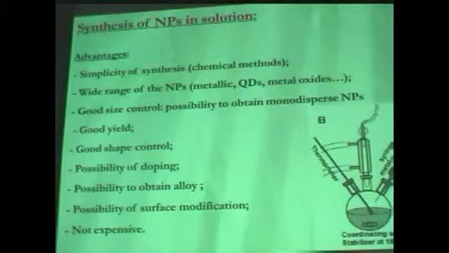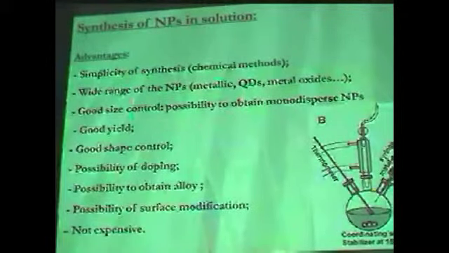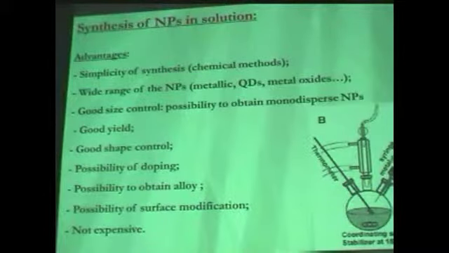By this method, we can provide a wide range of nanoparticles, such as metal quantum dots, metal oxide nanoparticles. We can achieve good size control, and we can obtain monodispersed nanoparticles, and various monodispersed nanoparticles have been reported to date.